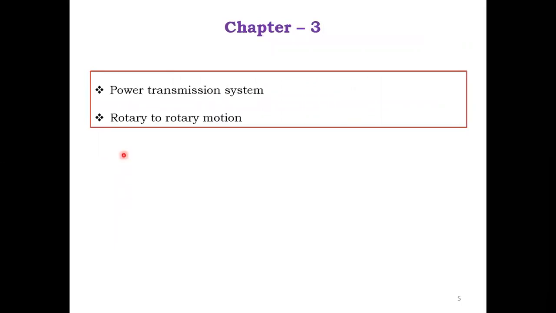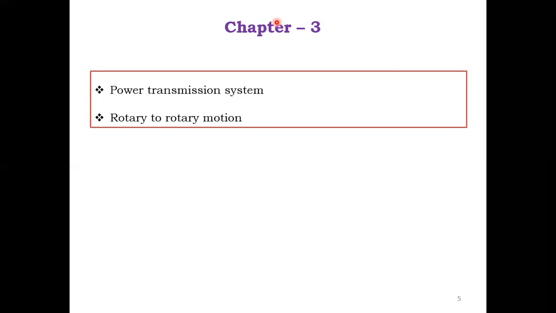In previous chapters we discussed robotics: what is robotics, what are the types, what are the classifications, and what are the specifications required to design a robot. Now we are going to discuss power transmission systems of industrial robots.